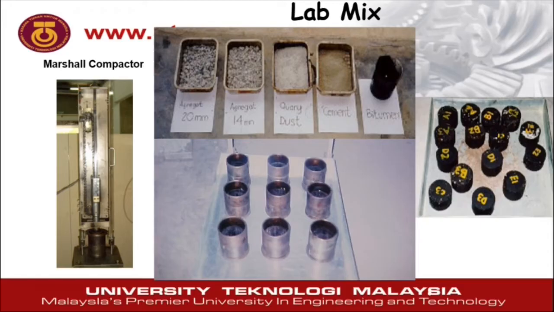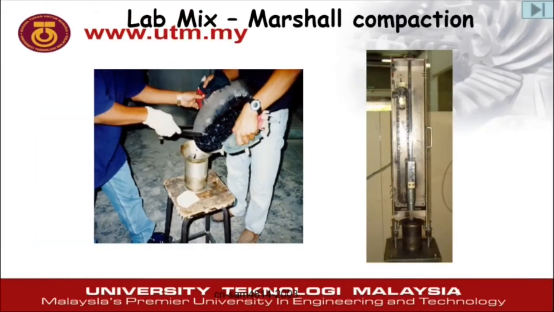After mixing the asphalt and aggregate with different sizes, the loose sample as shown in the photo is then compacted for 75 blows per face. After finishing the top surface, turn the sample upside down and compact another 75 blows on the sample.